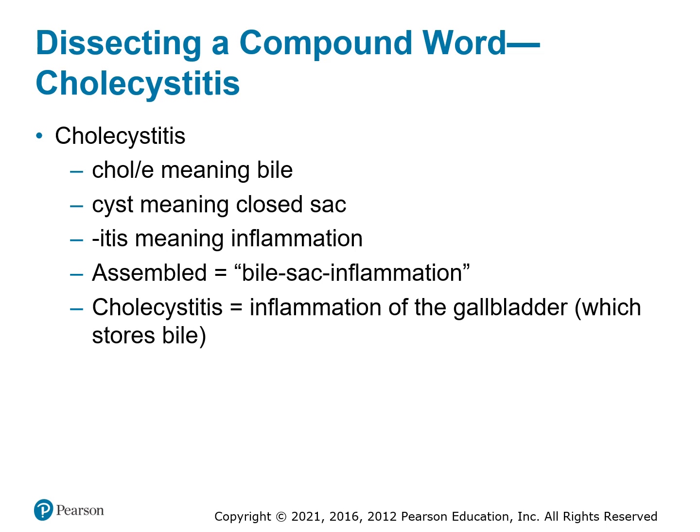Ovarian cysts in women are very common. It's very painful. You'll see them in the ambulance. So it depends on how the word is used and in what context to get the actual meaning. And then itis meaning inflammation. So when you combine it, cholecystitis is a bile sac inflammation, an inflammation of the gallbladder.